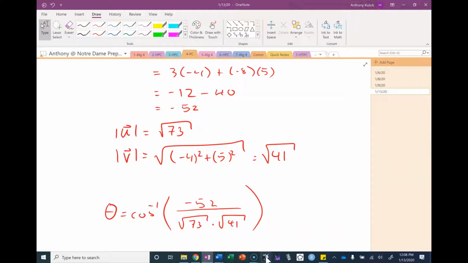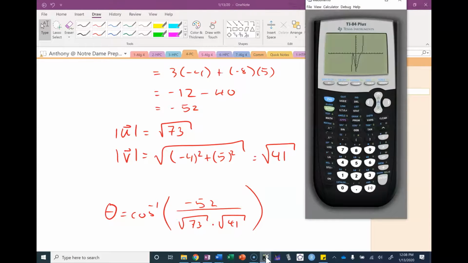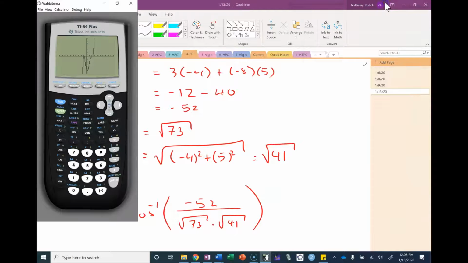And now I'll fire up my calculator to evaluate that. What mode should my calculator be in to do this? Degree mode, since the angle that I'm looking for should be a degree measure. The way I like to do this when I have to type in a fraction is to use the shortcut to the fraction command on my calculator. I'm going to press alpha and the y equals button, and then select the first option, the n over d.